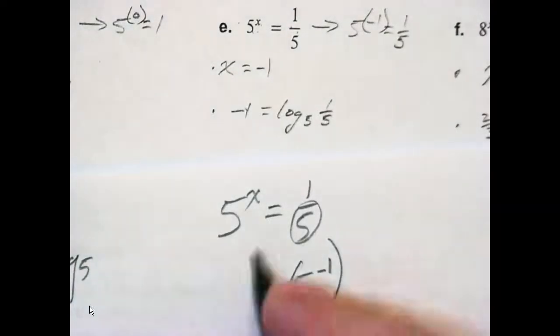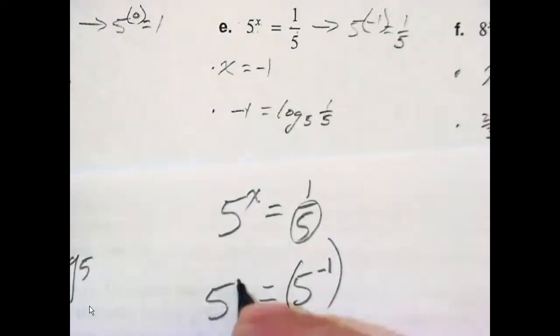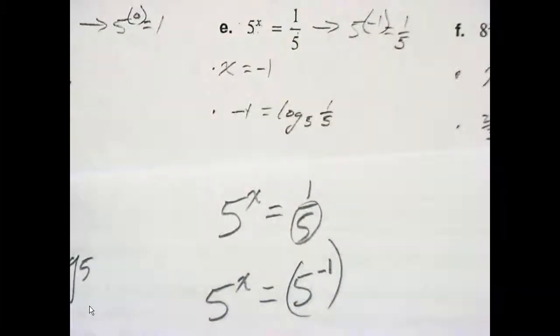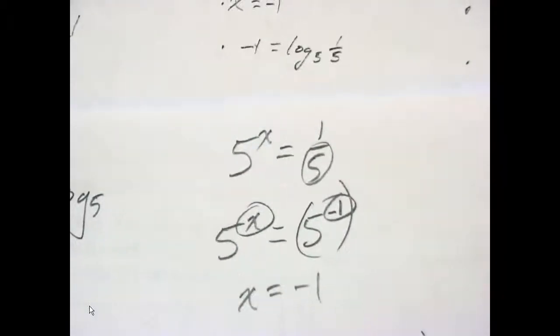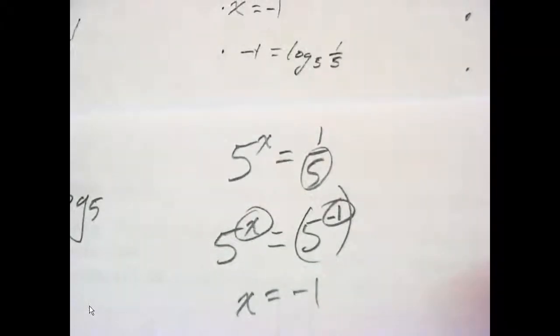So 5 to the power of x equals 5 to the negative first, meaning x equals negative 1. Okay? Since your bases are the same, those two pieces are equal. Okay, and you're going to see that a lot.